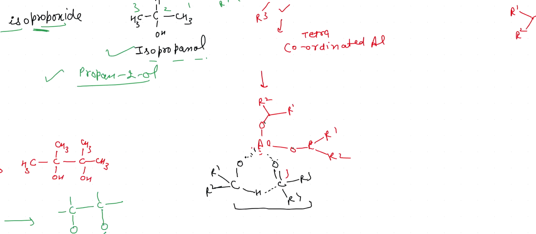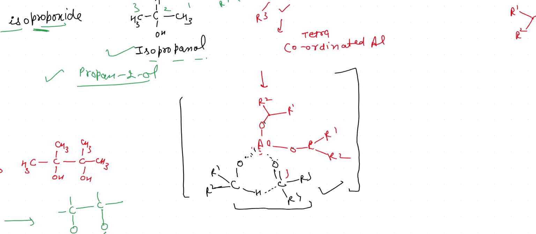In this tetra-coordinated aluminum, there is a six-member ring which is your transition state. As this is a transition state, just represent it in square brackets. The next step is transfer of the hydride group.